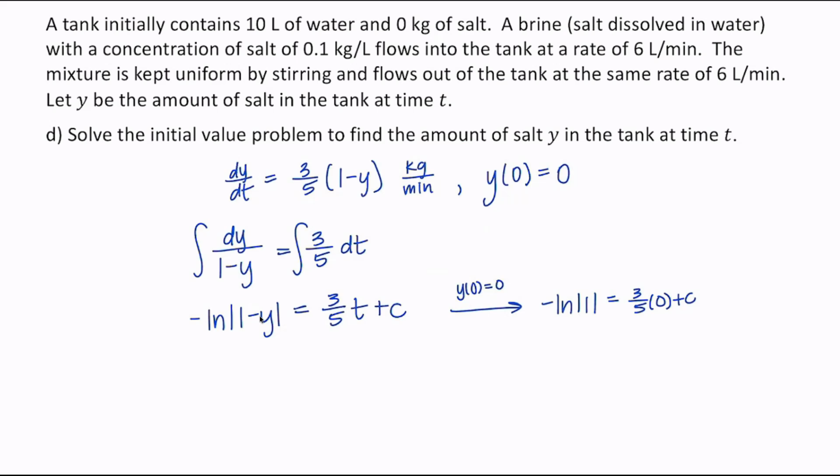Natural log of 1 is 0, so c is equal to 0. So I have negative natural log of |1 minus y| is equal to 3/5 t. Now I'm going to multiply by the negative. So natural log of the absolute value of 1 minus y is equal to negative 3/5 t.